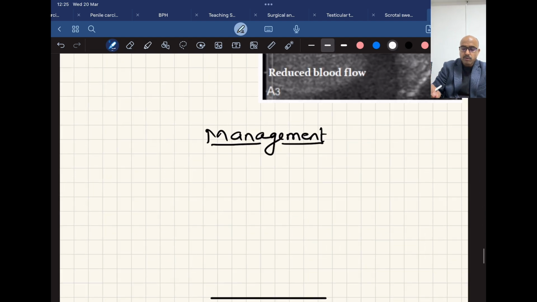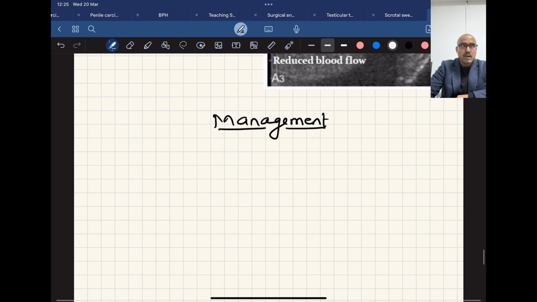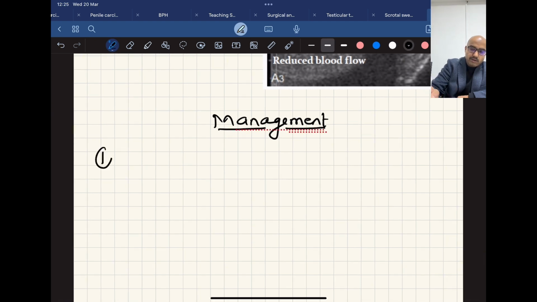Okay. Now, how to manage? The principle is to do detorsion. Do detorsion as soon as possible, manually or surgically, to prevent ischemia. So in an emergency you can try manually.